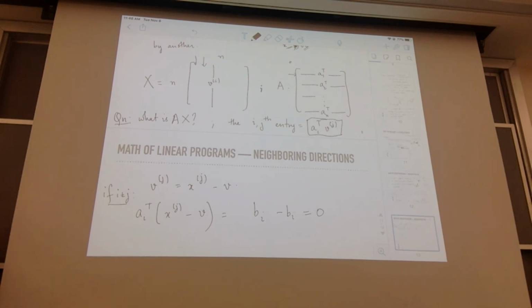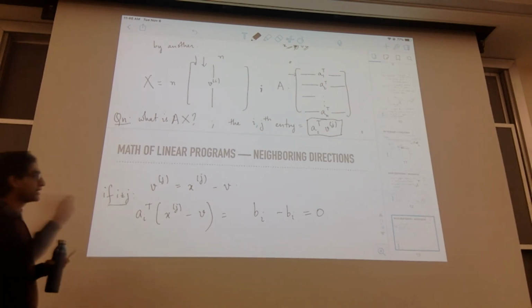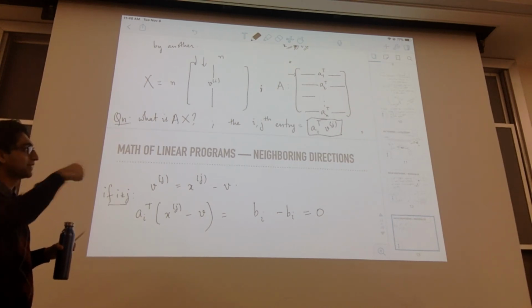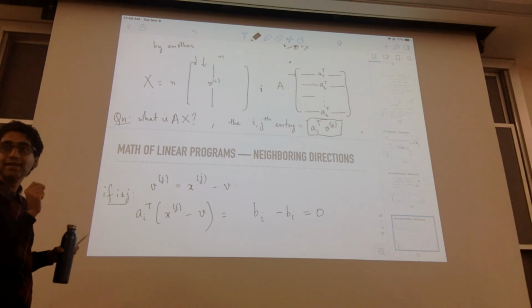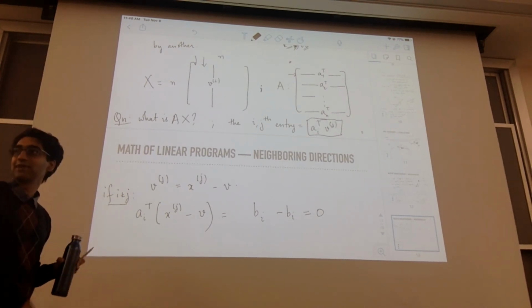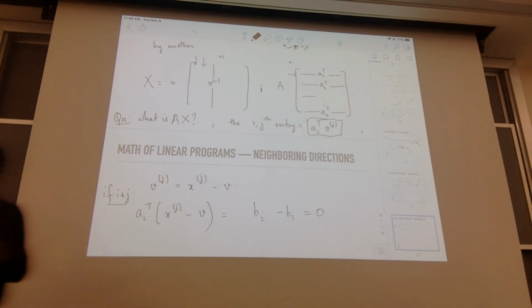Because xj was defined as a point along this direction where all constraints except the jth one were satisfied, in particular the ith one was satisfied if i was not equal to j.